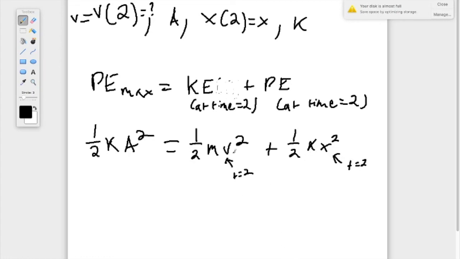So all we have to do is solve for the velocity at t equals 2.